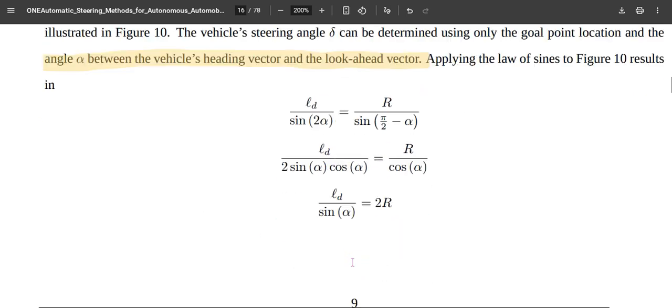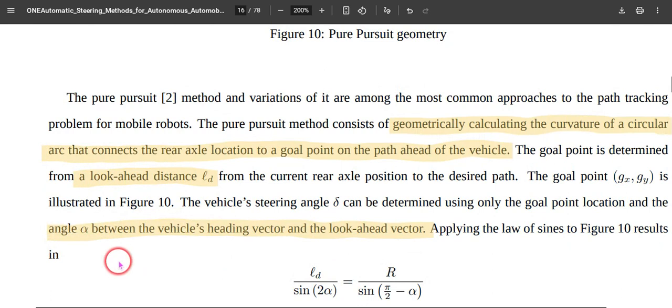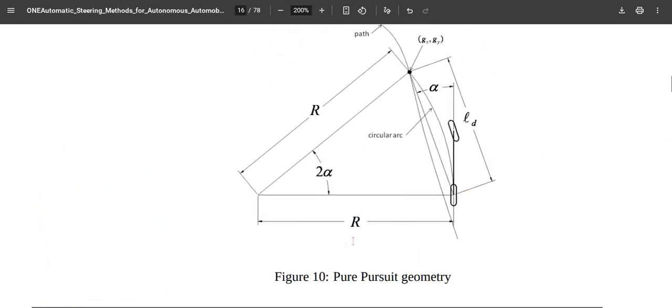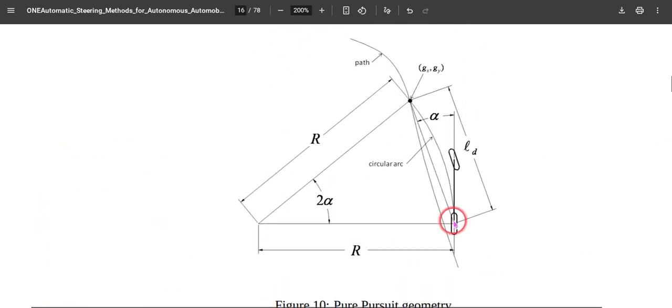Then alpha, which is defined here, is the difference between the vehicle's heading vector and the look ahead vector. This is the rear wheel point, and this is the look ahead point. This straight line gives you an angle with respect to the coordinate system, and the angle of the vehicle, the wheelbase angle, gives the difference alpha.